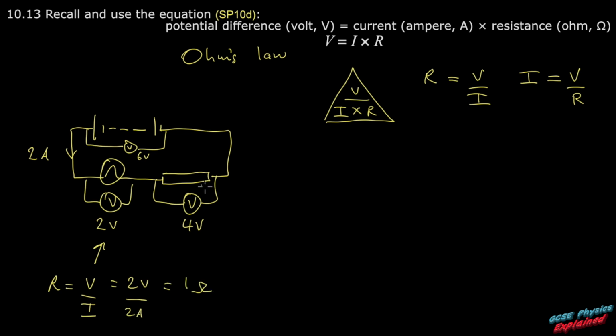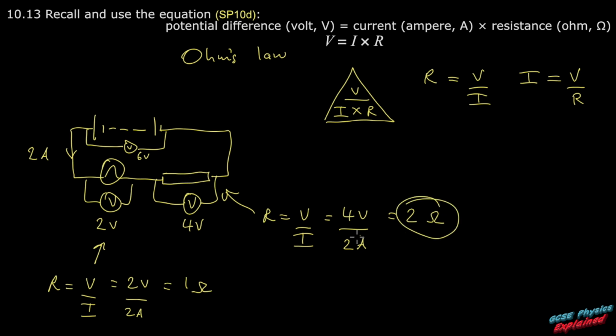And if we had to get the resistance of the resistor, remember it's going to be 2 amps through both of these components because it's a series circuit. Now it's important to understand, because the resistance of the fixed resistor is twice as big, it gets twice as much voltage compared to the bulb.